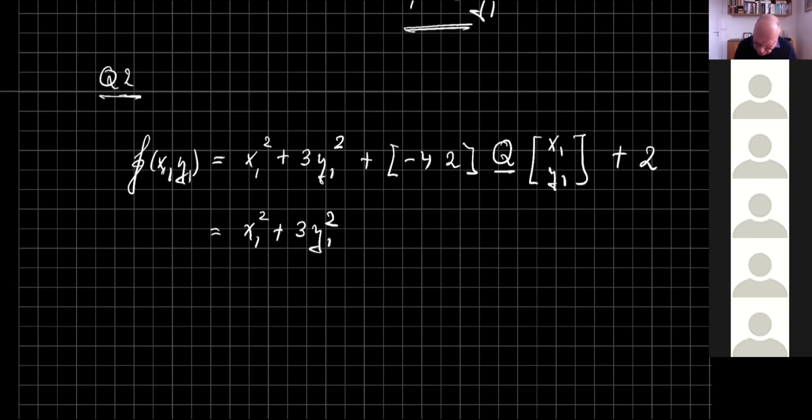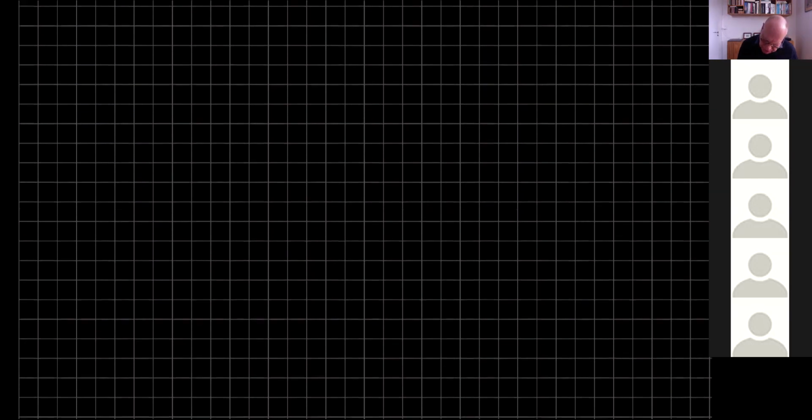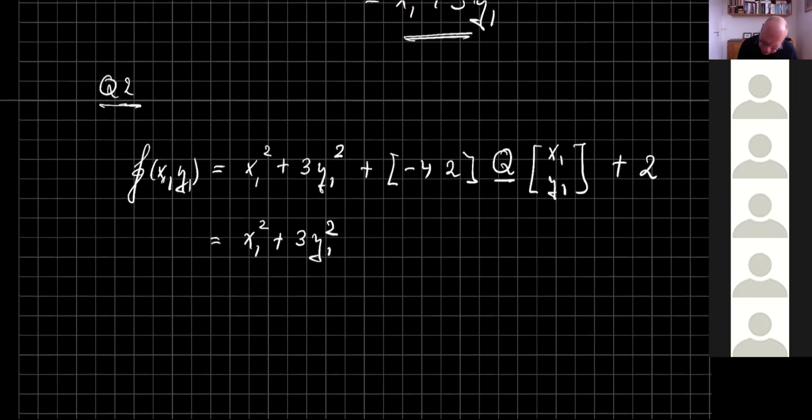So I need to multiply minus 4, 2 on my change of base matrix. Remember that was square root of 2 times, for the first column here, square root of 2 half, comma square root of 2 half. So that will be minus 4 plus 2, that is minus 2, so this will be minus square root of 2 times x1, this was the first one.